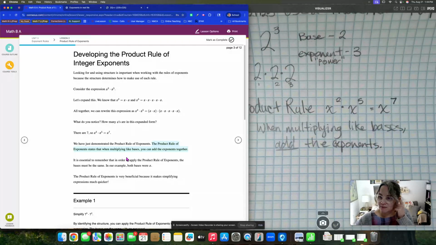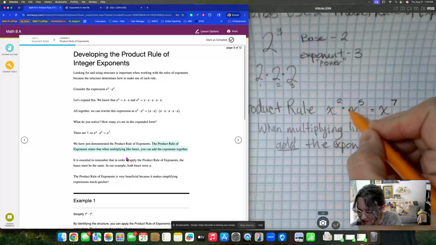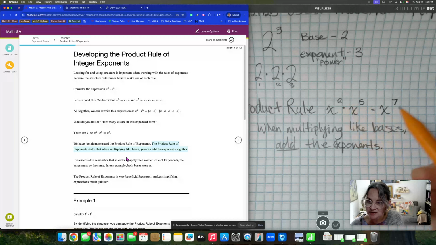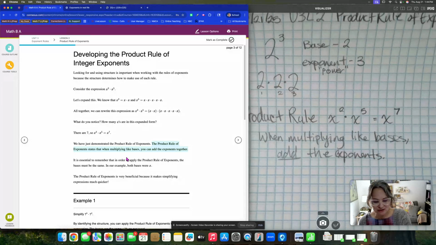Okay, so the base is the bottom number, the big number. So we have x as the base here, x as the base in the second, right? Here's x in the base. We add 2 plus 5, and that's how we get the 7. Okay, let's do some examples of this.